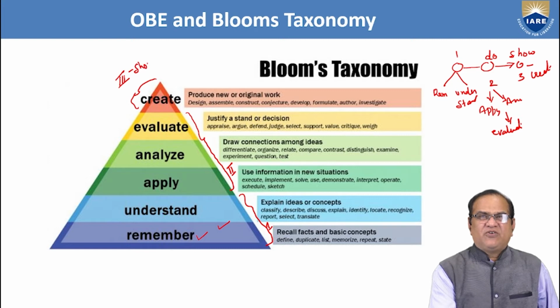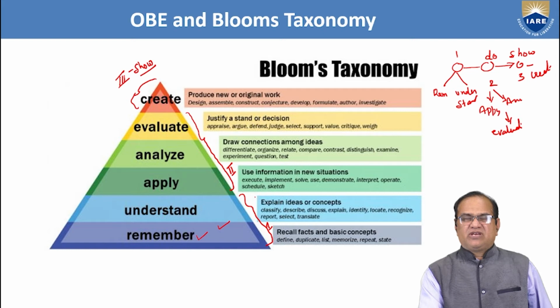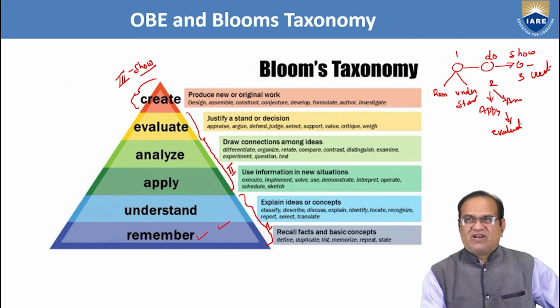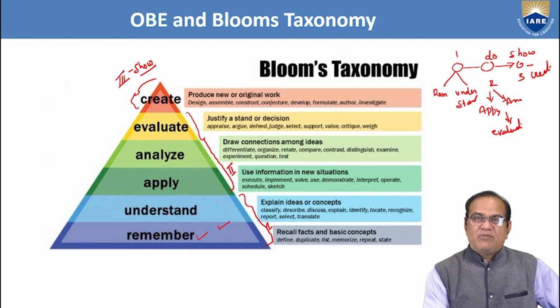I told you very few students are able to come to this. Most of the students are at this first level. Try to go to the second level, that is apply. If you are able to apply, then you have to go to analyze. If you are able to analyze your application, try to evaluate its importance.